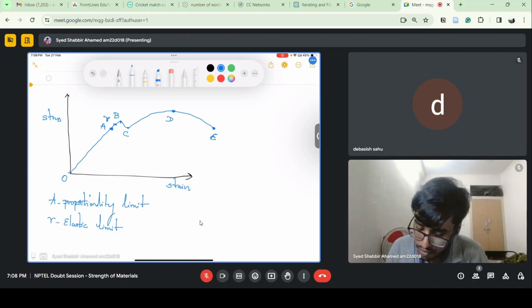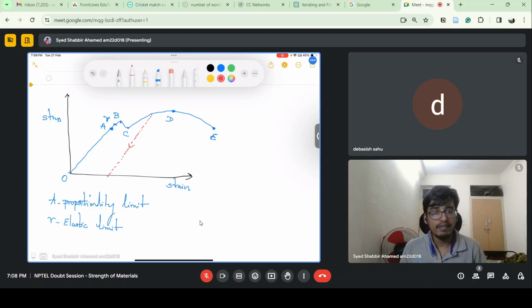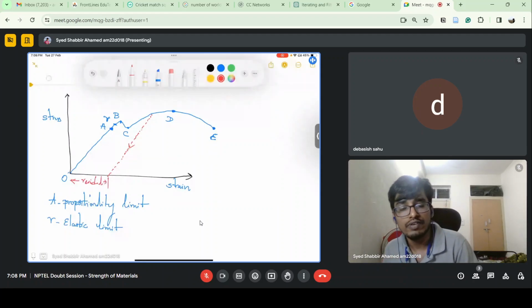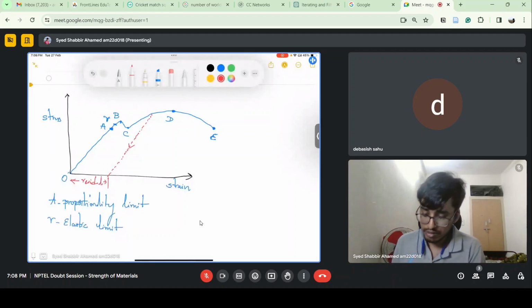Let's say if you go till this point and release the stress, it will come back in this direction, and there you will have a residual strain. This is the residual strain when you release it from this point. So there will be some plastic deformation in the specimen when we go beyond the yield point.